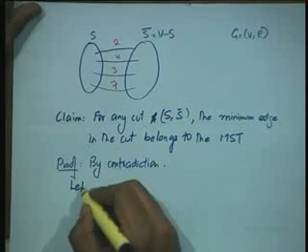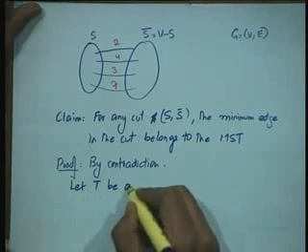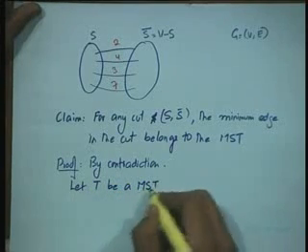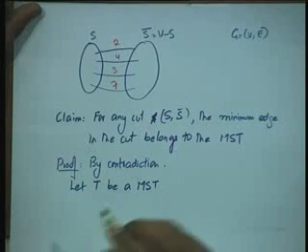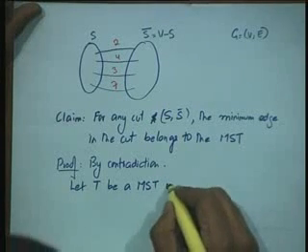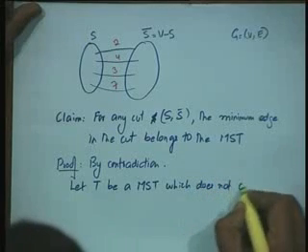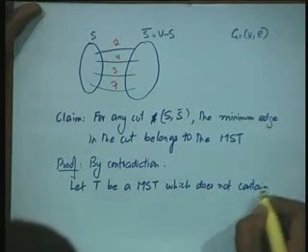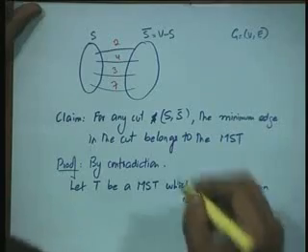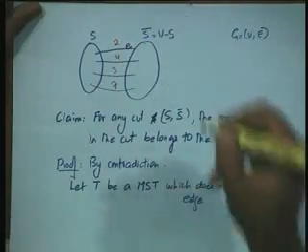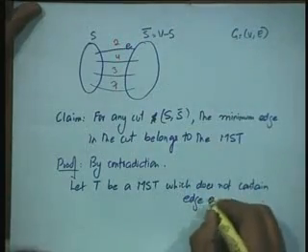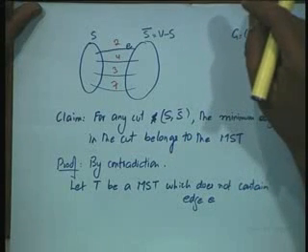So let T be an MST. MST is short for minimum spanning tree. So T is an MST which does not contain edge. Let's give this edge a name, call it E. T does not contain edge E. So what now?